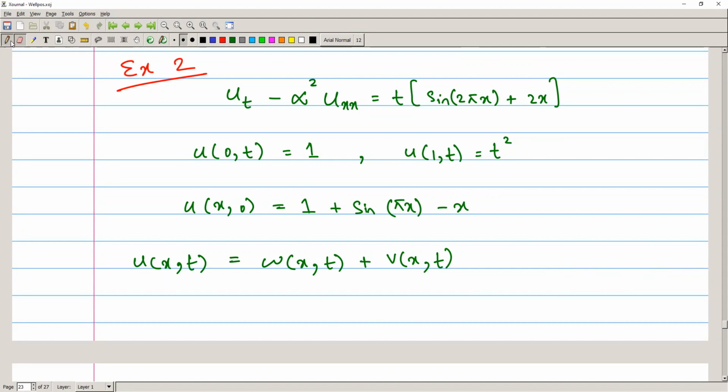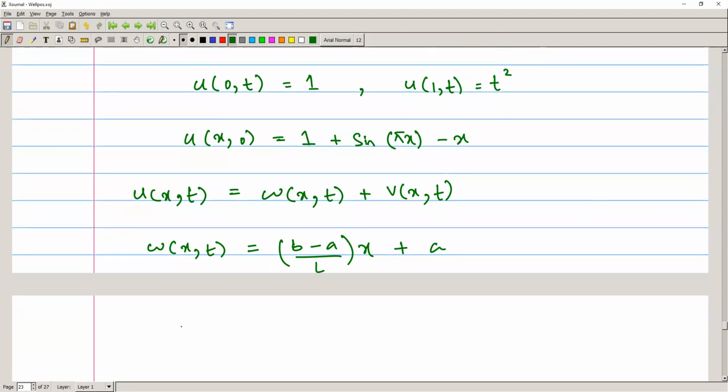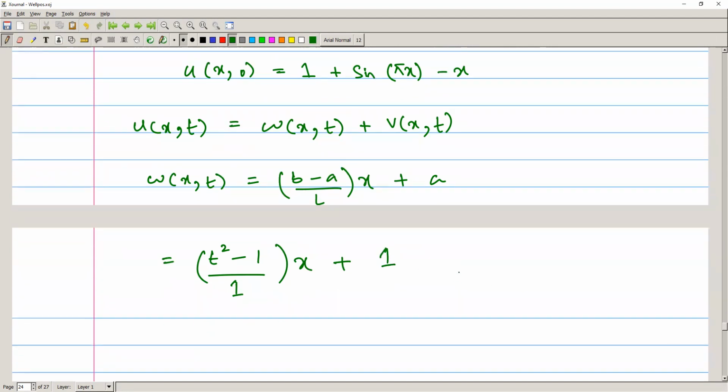So here we can see that w of x comma t is equal to b minus a over l times x plus a, and b is t squared, so this is equal to t squared minus 1, l is equal to 1, times x plus a is 1, so this will be equal to t squared minus 1 times x plus 1.